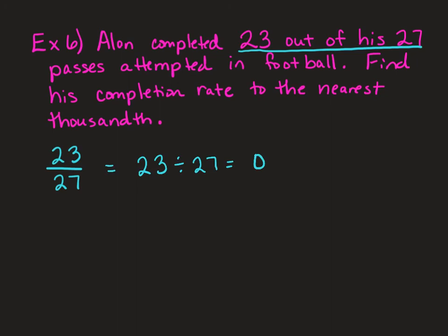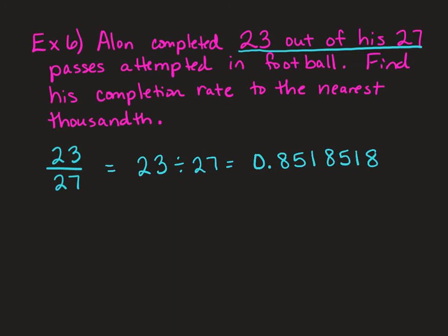And if you look in your calculator, it probably gave you 0.85185118, and depending on your calculator screen, it might have given you further digits out. And you would probably notice that it does have a repeating pattern, 851, 851. It's going to keep on repeating those 3 digits over and over.